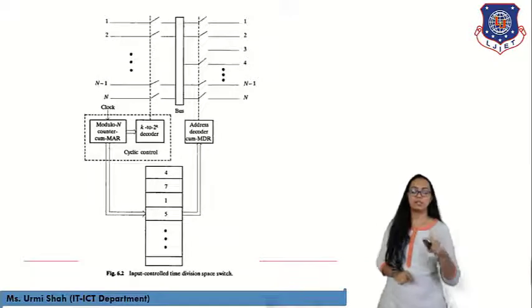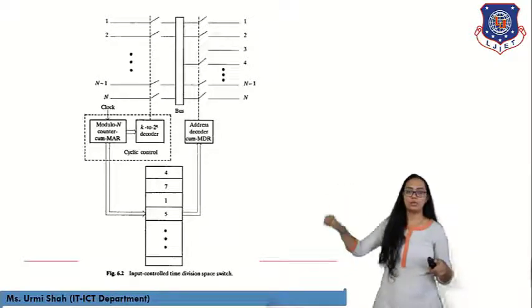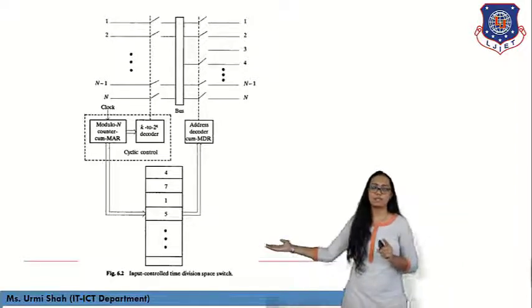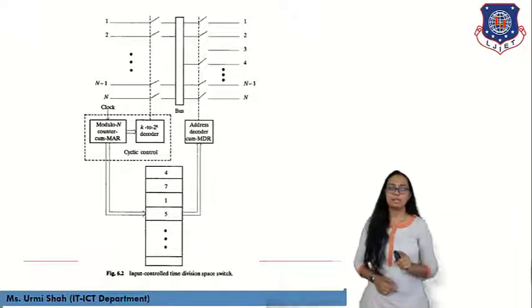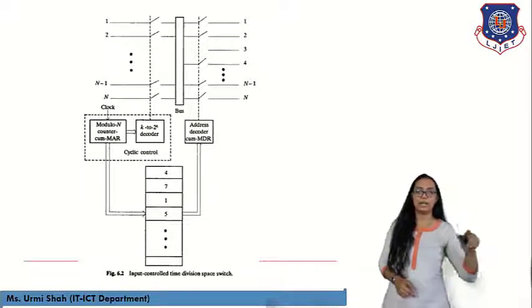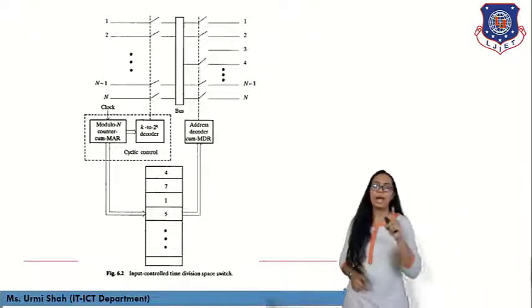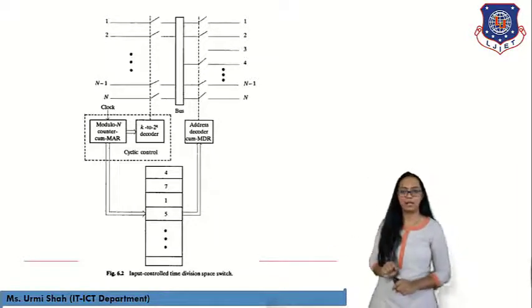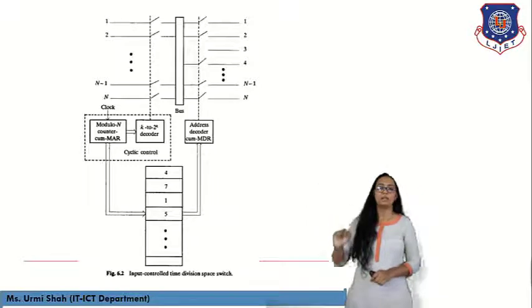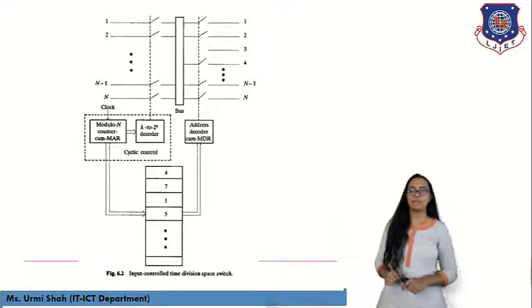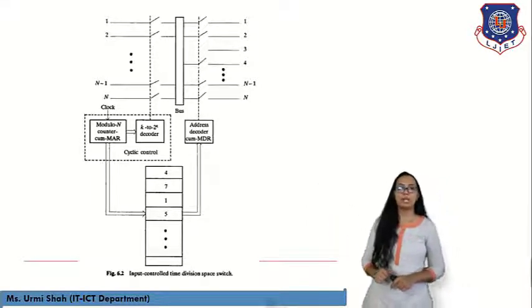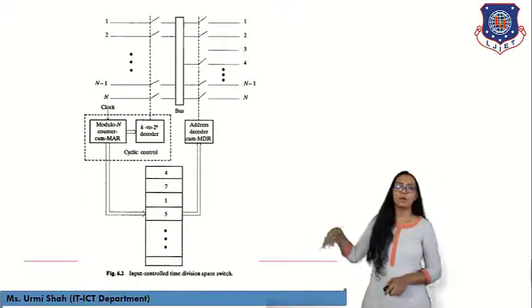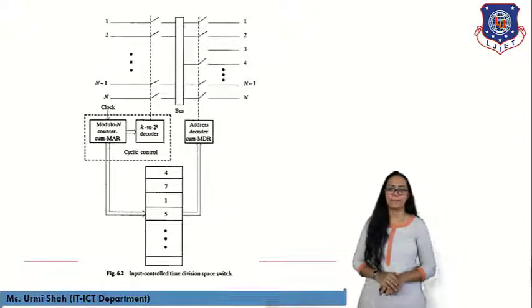Modulo n counter is going to generate the output as you can see over here, and it is going to save it in the memory space as it is shown over here. That memory space is going to forward the data to the address decoder. Address decoder is going to save the locations from where the data is coming. Meanwhile, the modulo n counter is going to send the data to the 2 raised to k decoder circuitry. This way the whole mechanism works.